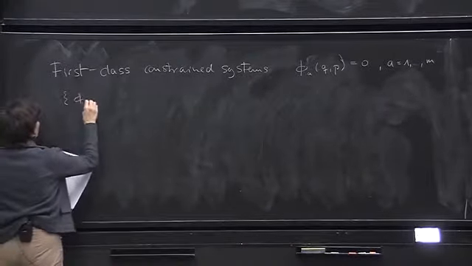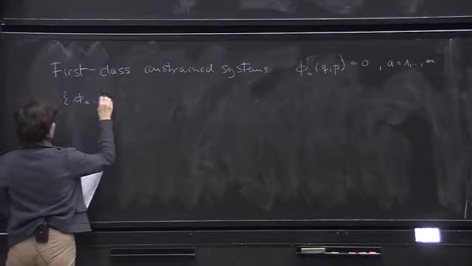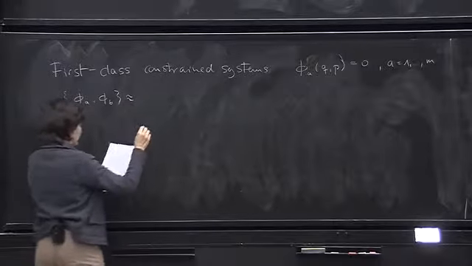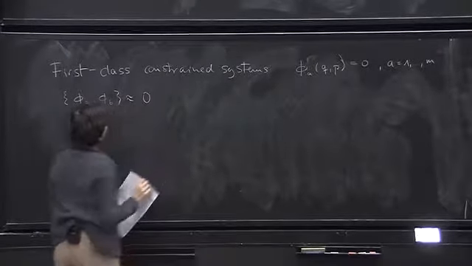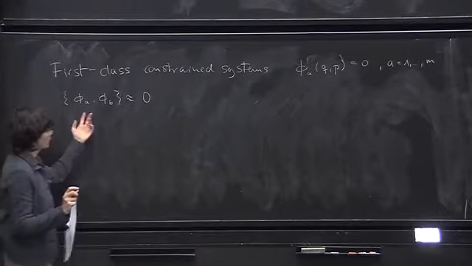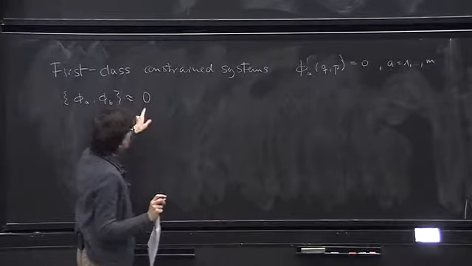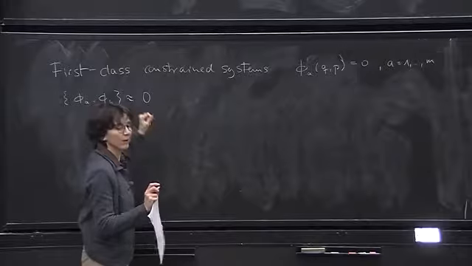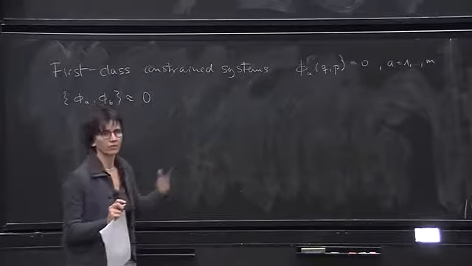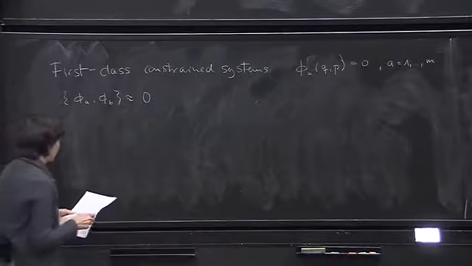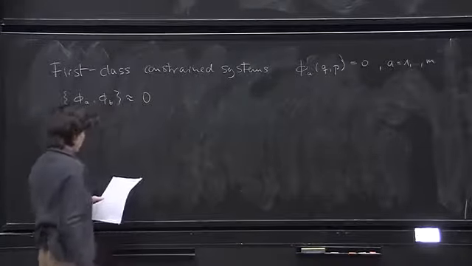And Poisson brackets of these constraints should vanish on the constrained surface. And it turns out that in finite dimensions, the vanishing just implies that the right-hand side must necessarily be a linear combination of the constraints themselves.